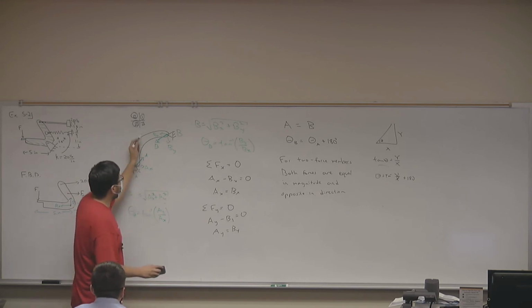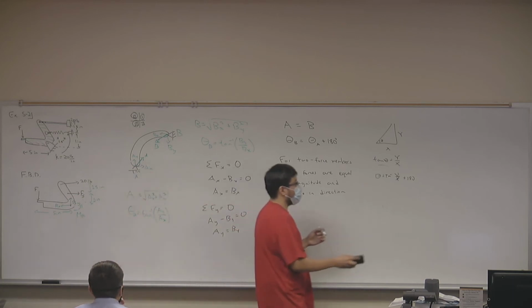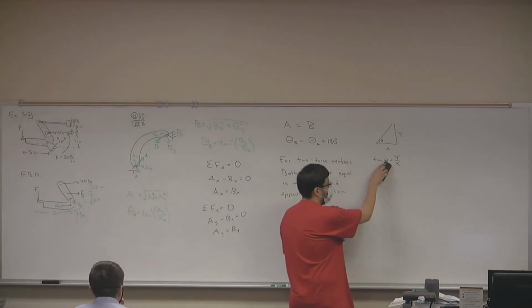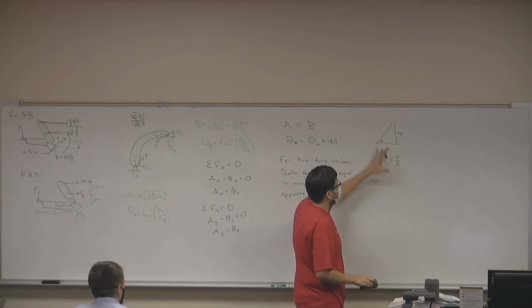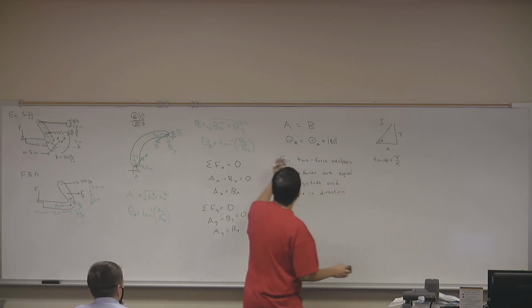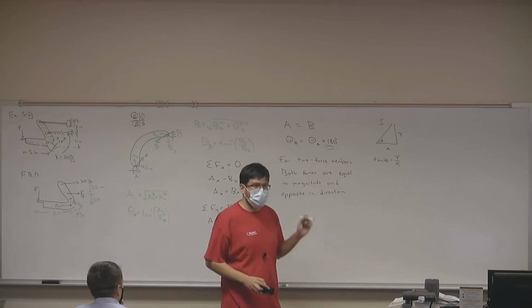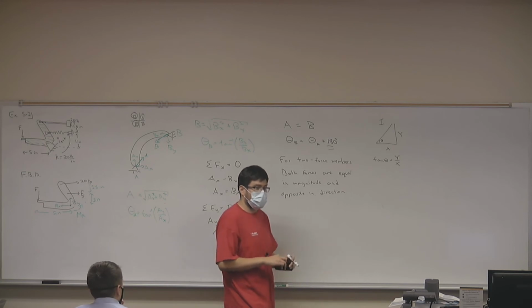Yeah. And so on. So we want to be careful with inverse tangents here, because remember that this equation, tangent of theta equals y over x, only applies for the first quadrant. So all I'm doing here is applying a correction, saying this is actually in the third quadrant. That's all I'm doing.